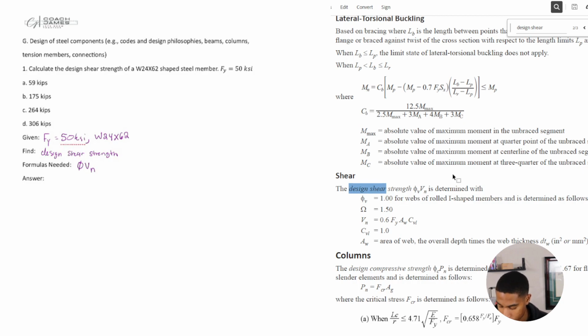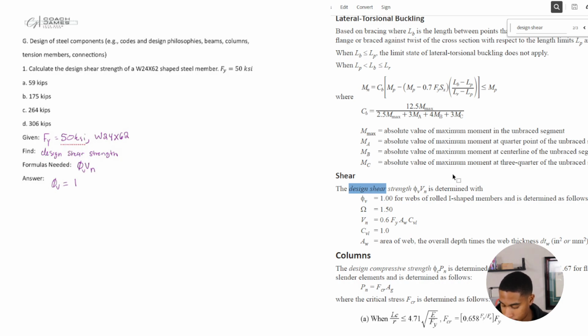So I'm looking for phi sub Vn, where phi sub V is 1, since this is the web of rolled I-shaped members.